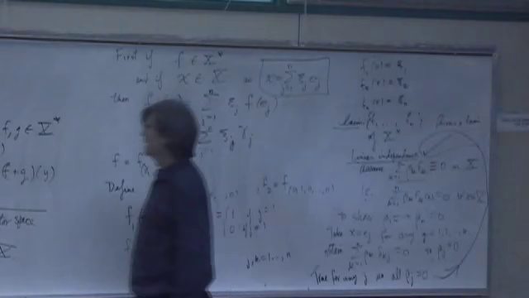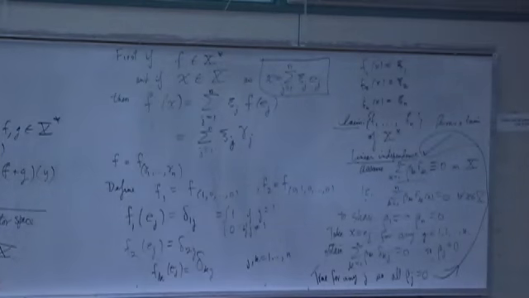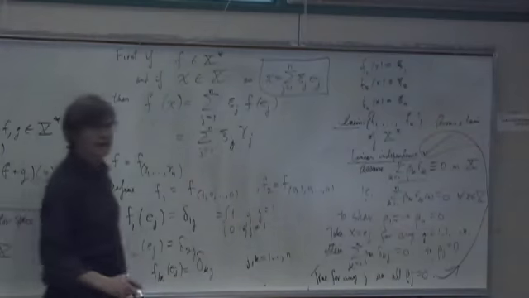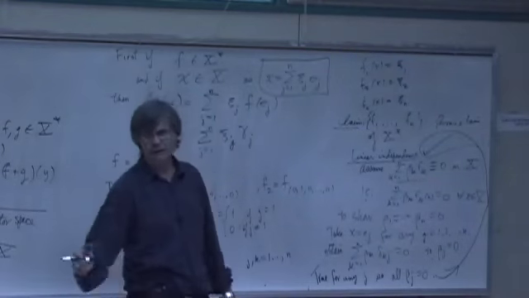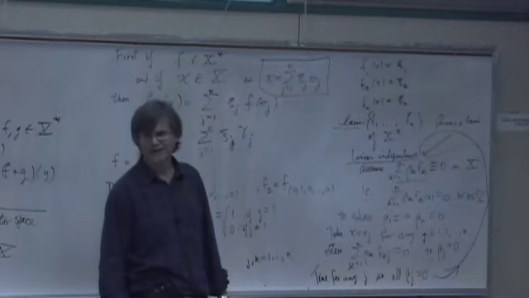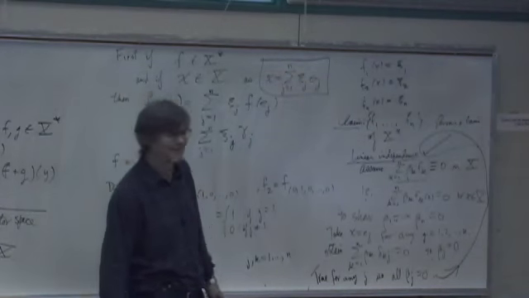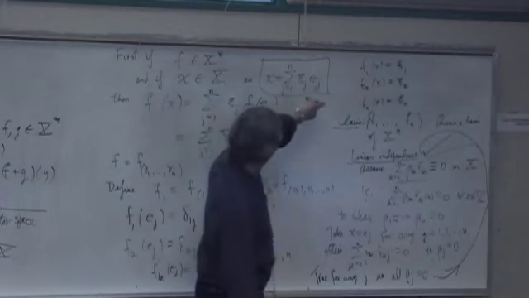So that showed linear independence. Now I want to show that indeed these n functionals span the whole space. I need to do an example so we can see this in real life, because it's a bit of a mess until you do.